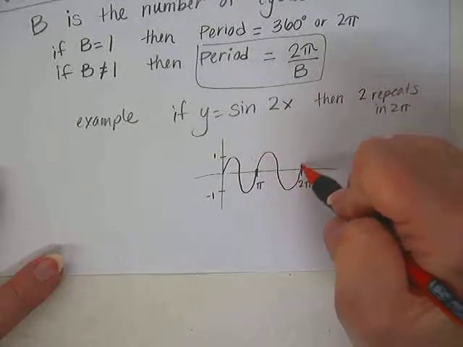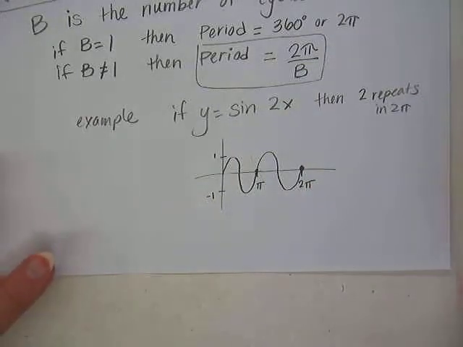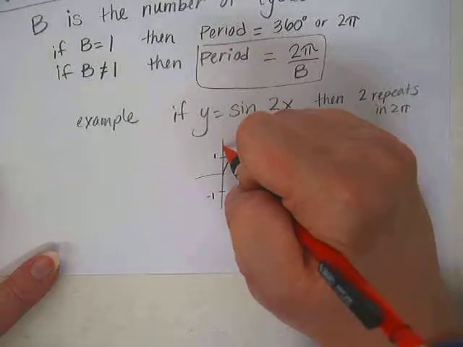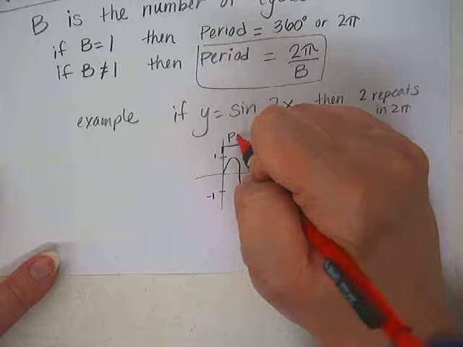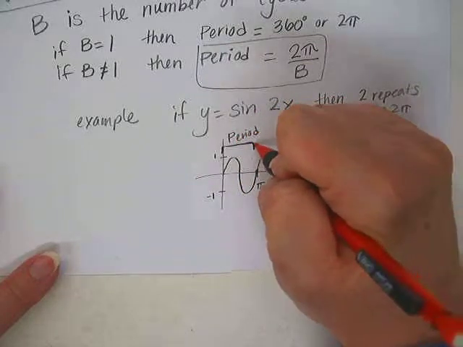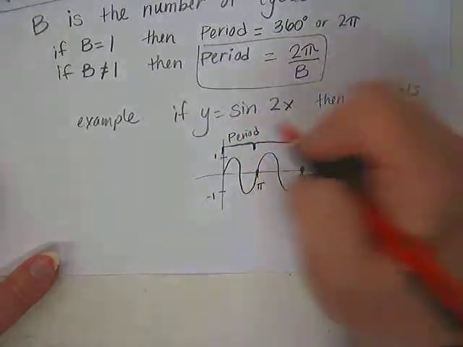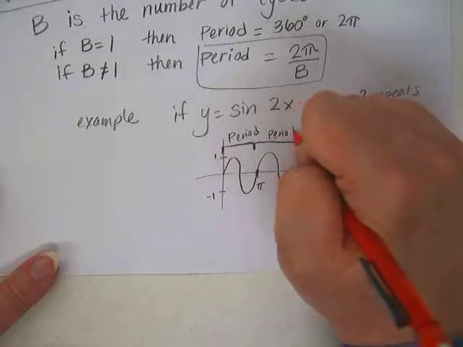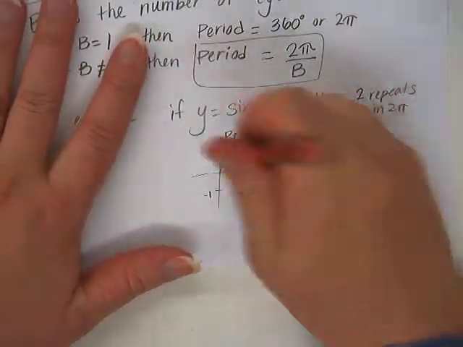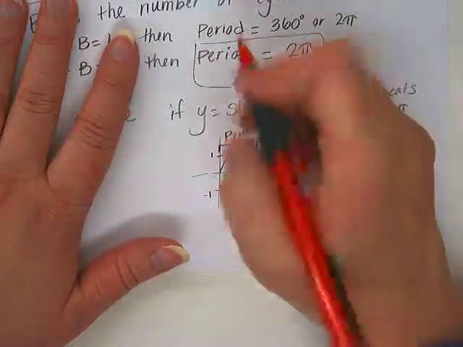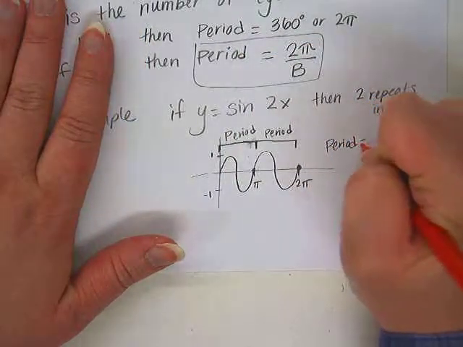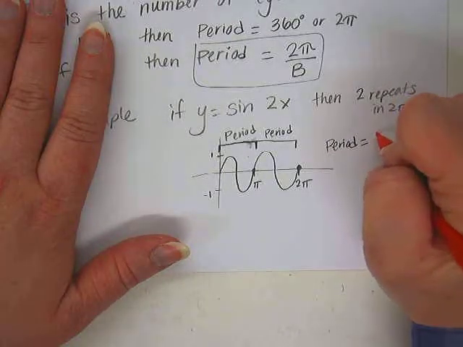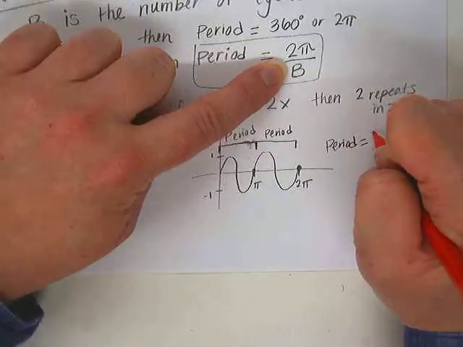It has to go up and down and back to 0 in 1 pi, and up and down and back to 0 again before we get to 2 pi. So that the period of the graph is one of those repeats. That's what period means. So how long is the period? 1 pi.